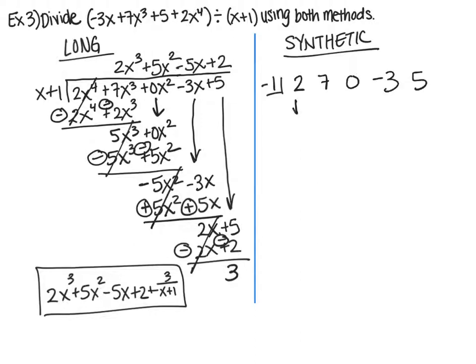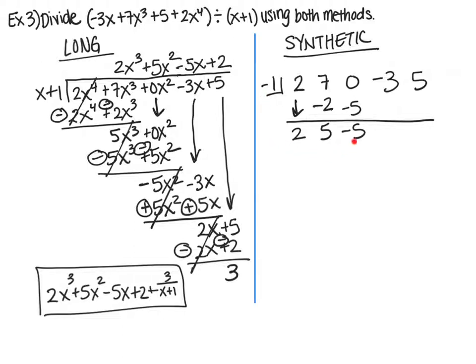So we're going to drop down our 2 and put that number under our line. And then negative 1 times 2 is negative 2. That goes here. We're now going to add like terms, so 7 minus 2 is 5. Negative 1 times 5 is going to go here at negative 5. 0 minus 5 will get us negative 5.